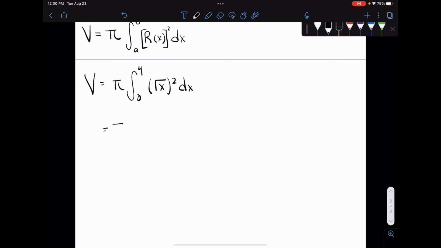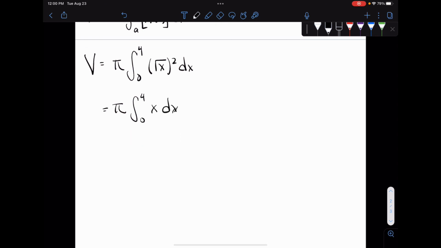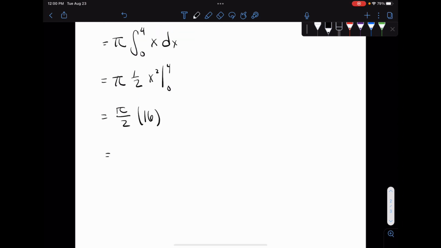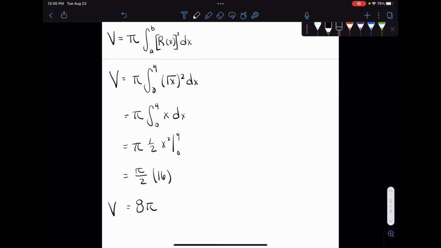And if you solve this integral, you'll find that you have a really simple solution of pi times 1 over 2 x squared from 4 to 0, and you get pi over 2 times 16, which gives us the same answer of 8 pi. And you might think that this integral is really simple, and it is.